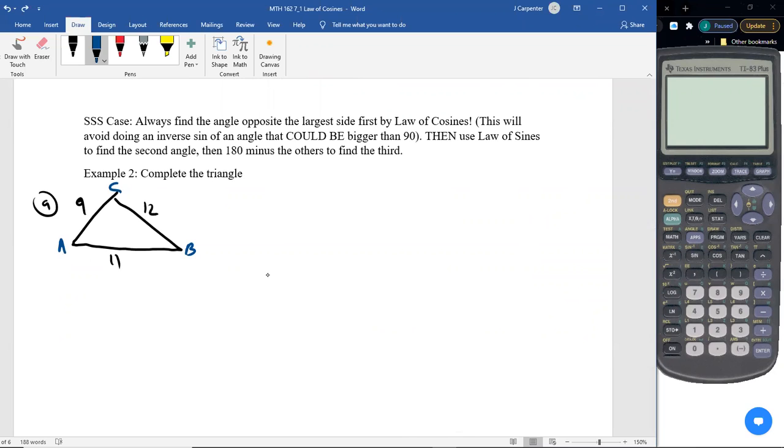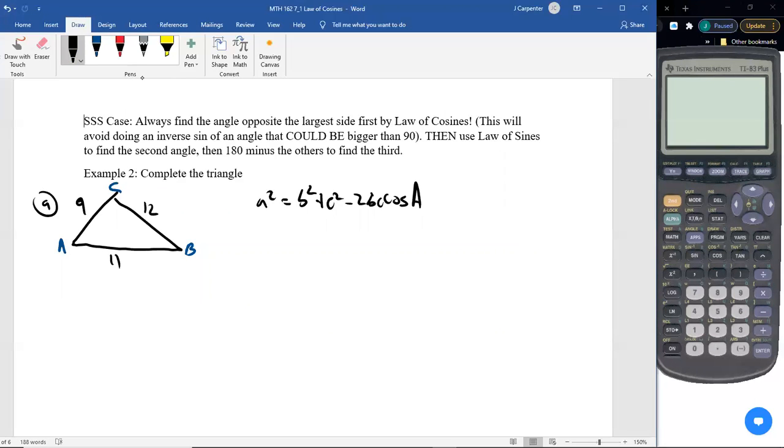So I said we should always attack the largest angle, which is opposite the largest side. I have called the 12 the little a, that's the biggest side, which means capital A would be the biggest angle, so that's the one we need to find first. So the formula I need to use is a squared equals b squared plus c squared minus 2bc cosine of capital A. With this lettering, this is the one I have to do first to make sure I don't mess something up later, to make sure that we go ahead and find the biggest angle now so we don't screw up later.